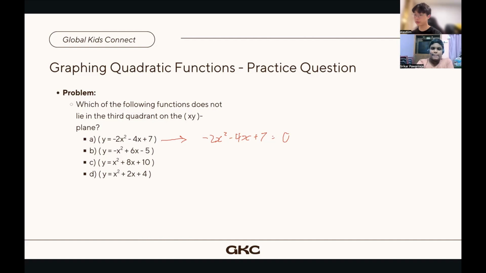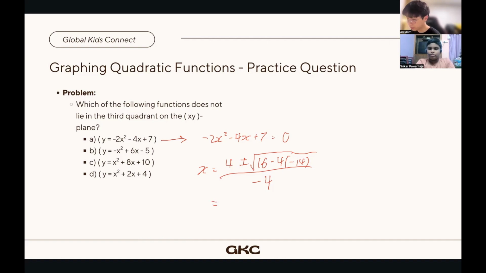And so we can use either factoring or the quadratic formula. However, factoring is difficult, so we'll just use the formula so that x equals negative b, b being negative 4, so we get 4 plus minus root 16 minus 4 times a times c, which is negative 2 times 7, so negative 14, over 2a, being negative 4.